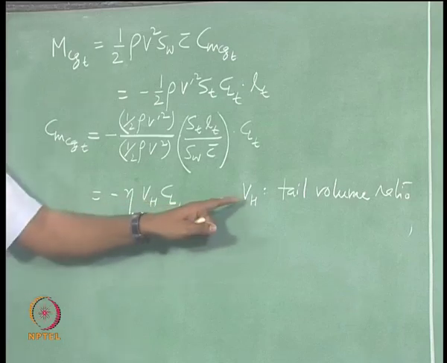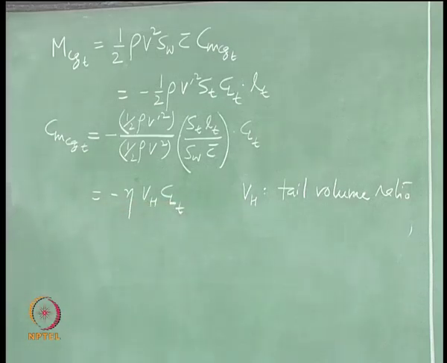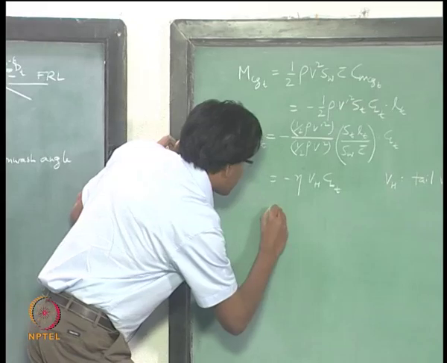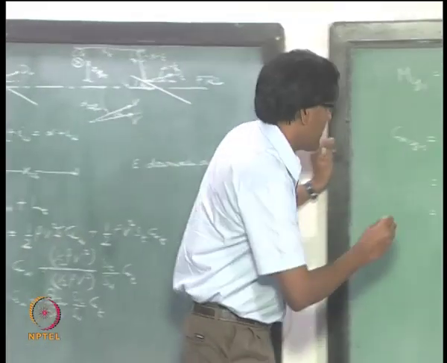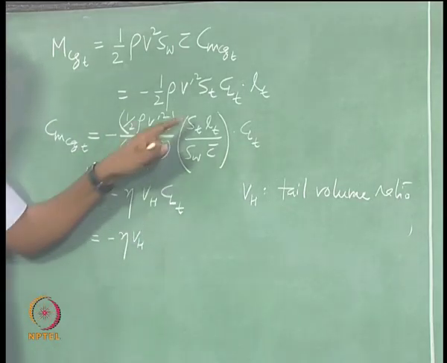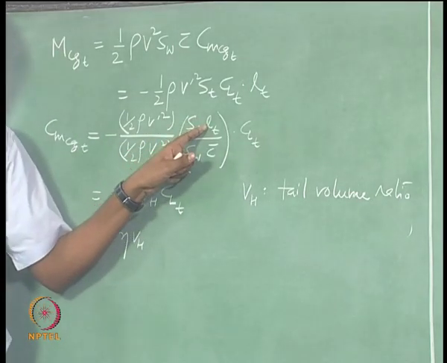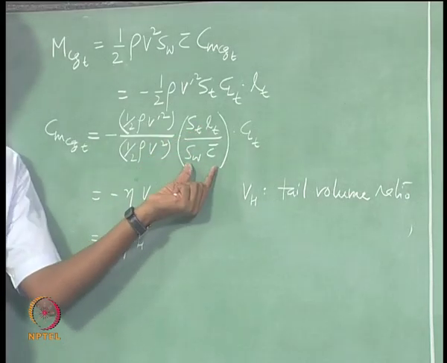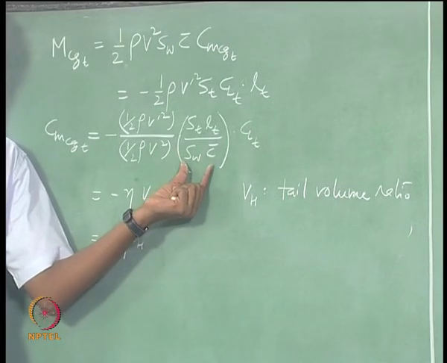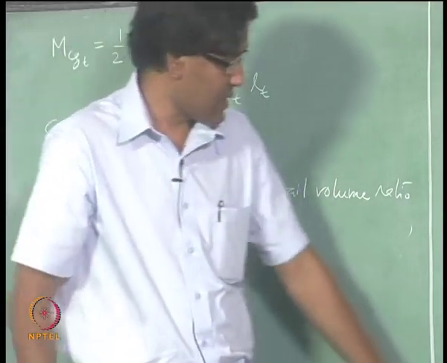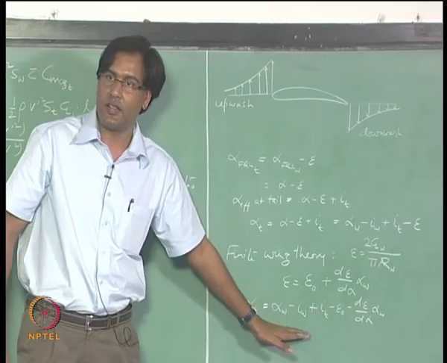Now, this V_H is something you can play with when you are designing your aircraft, so that you can have more stability, more Cm naught, and that you can find out by expanding this, right. So, this V_H is the ratio of S_T into L_T. This L_T I can play with, right. S_T I can play with after you have fixed your wing, isn't it? And you can also play with some more parameters which are coming from here. Okay.